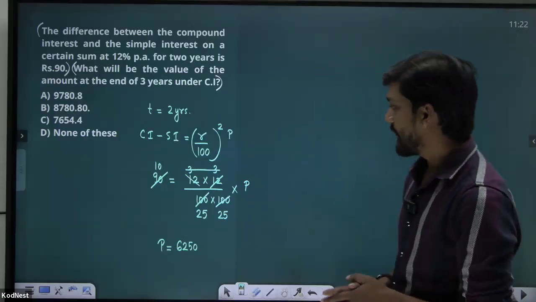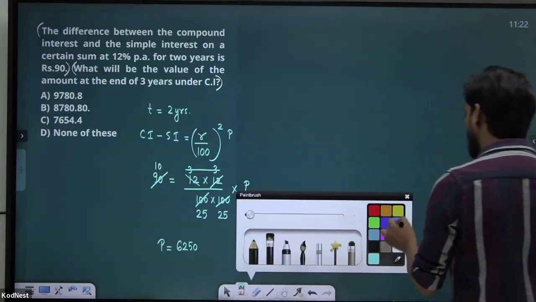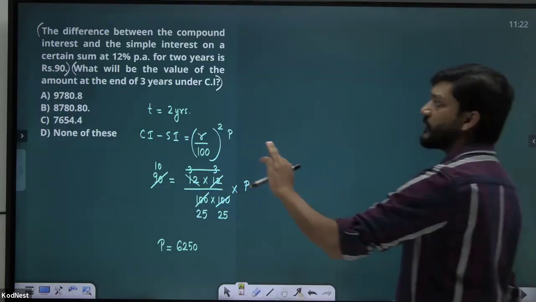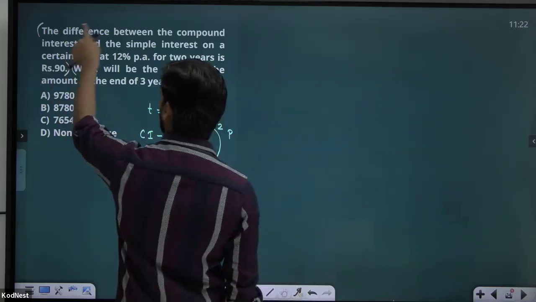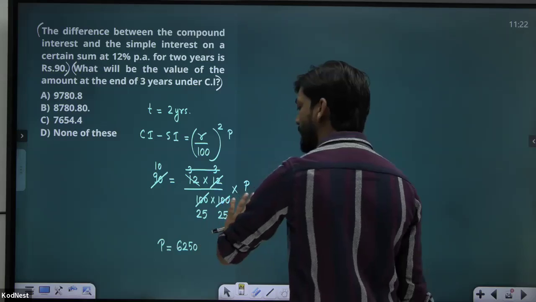Now, after this, we have to go to the next calculation. So the first part is done. In this part, if you apply the formula, you will get the principal, nothing else.